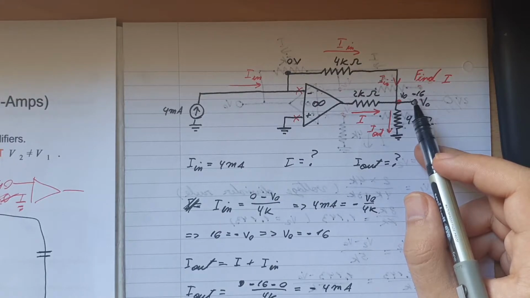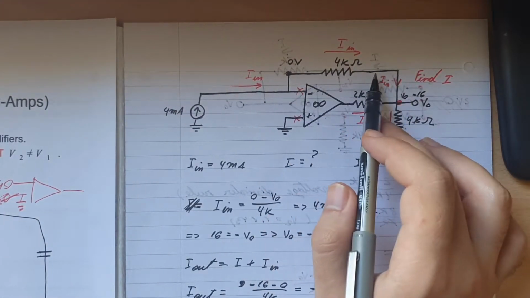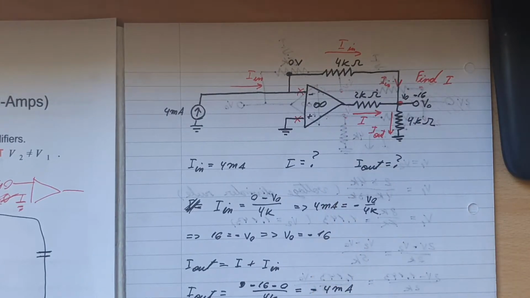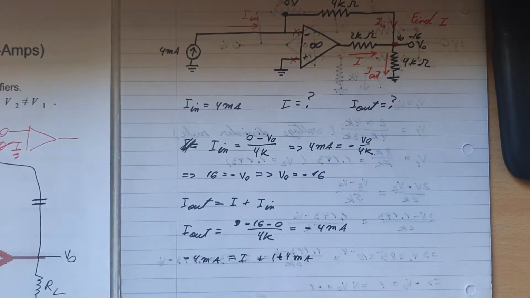It's a negative value, so if you get a positive 4 milliamps from this point, then this will basically just be equal to 0, and that's the whole problem of it, because it will imply that I is equal to 0.